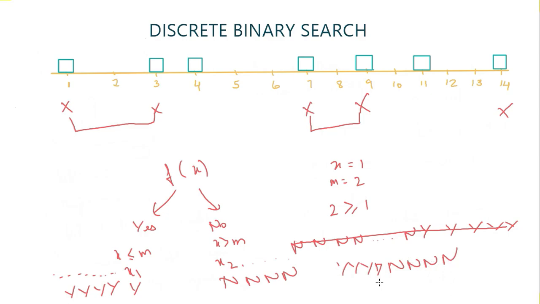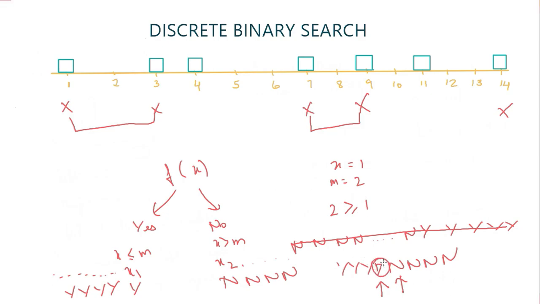If we choose the last yes as our x1, as we proved over here, all the x below this will be yes. And if we choose this no as our x2, then all the x's after this no will be no's. So essentially the problem boils down to finding the last yes in the function.